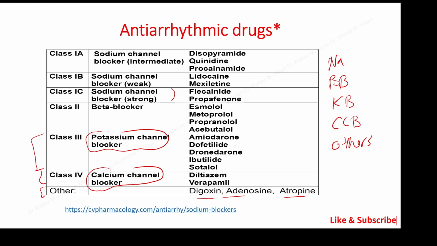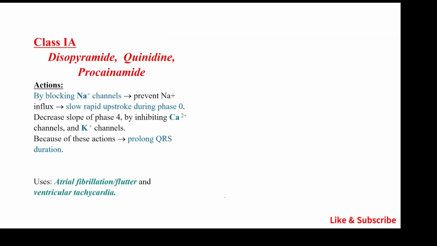Moving to the potassium channel blockers, class 3, we have amiodarone, dofetilide, dronedarone, ibutilide, sotalol. And for calcium channel blockers, there are two medications: diltiazem and verapamil. For the other, we have three medications already covered.